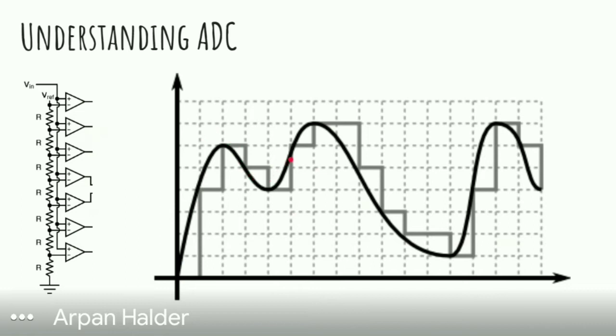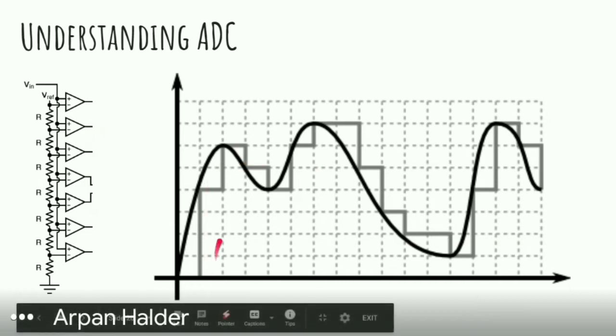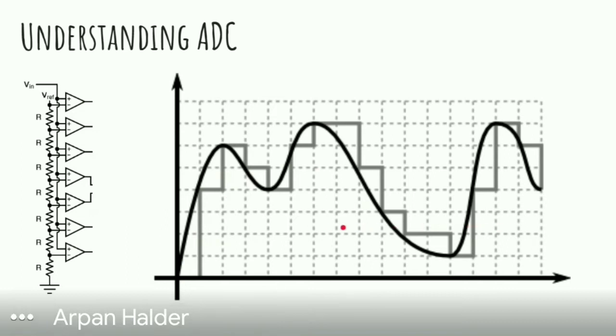So an ADC is seen by basically two parameters. One is the ADC's value resolution, and another is the ADC's time resolution, or the ADC sampling rate, as we technically call it.